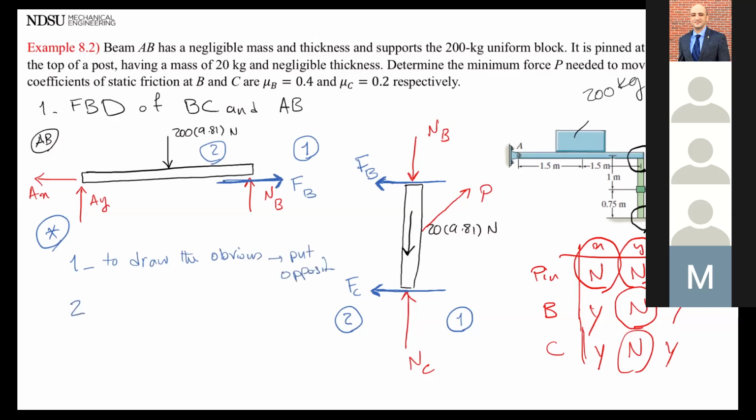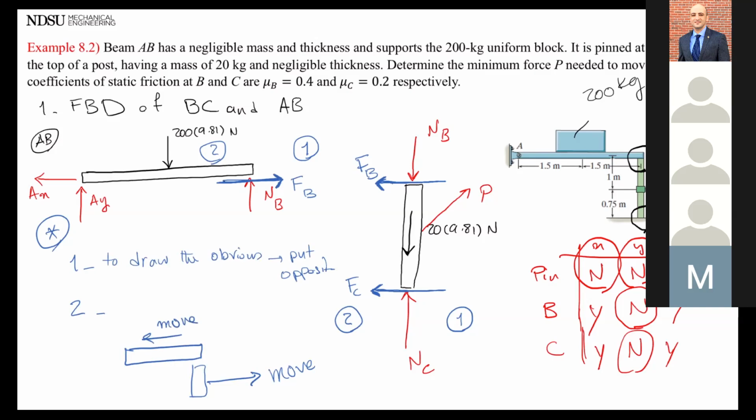The second is friction is always against movement, right? So you have to find relative movement here. You have 2 posts sitting on top of each other. This one is moving to the right. It feels or seems like the other one is moving to the left.